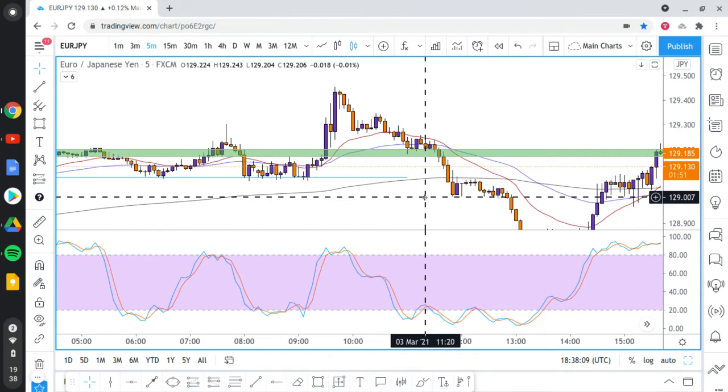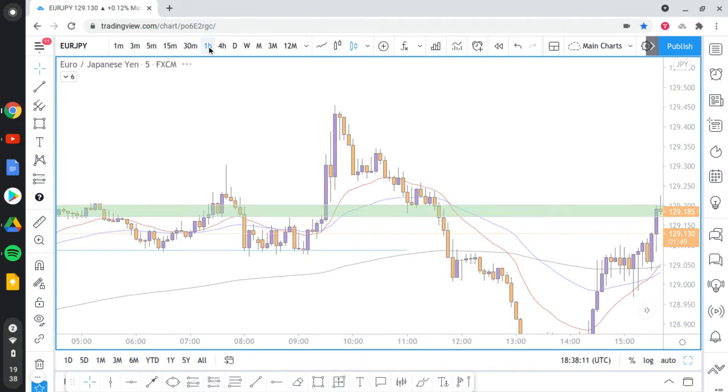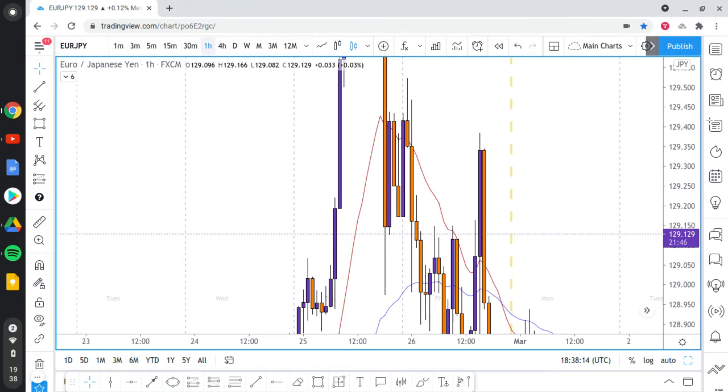So my first entry, the reasons: it was longs from 1 hour support at the lows of the last strong 4 hour candle. Expectation of the trade was back to the high of the day at the time of entry.